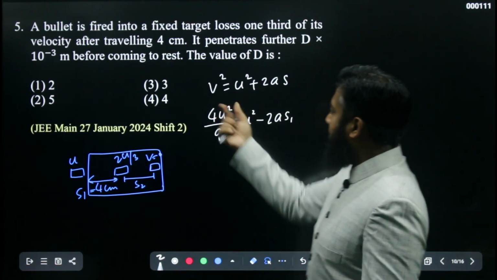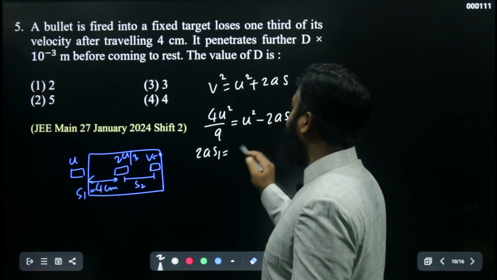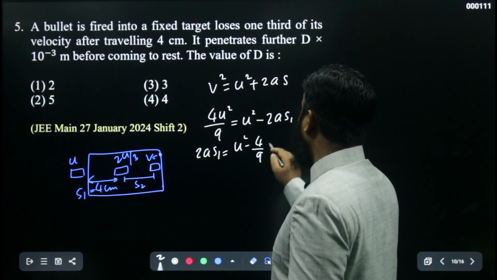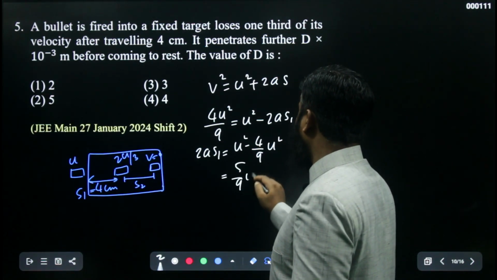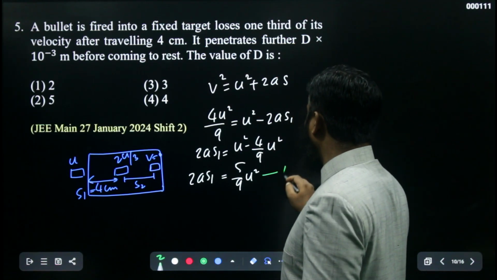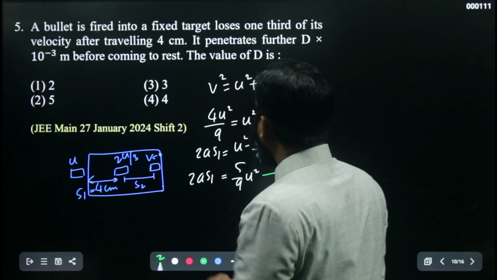So let us take this on the left hand side: 2a s1 = u² − 4/9 u². This would be 5/9 u². So 2a s1 = 5/9 u². Say this is our first equation.